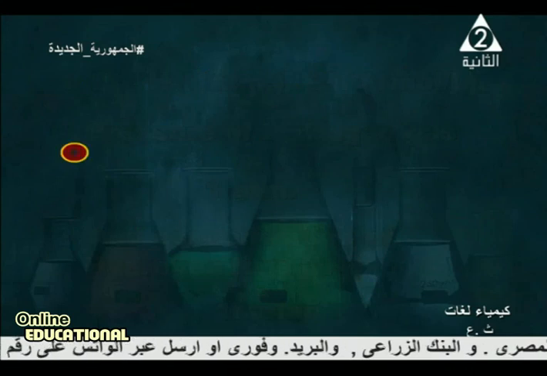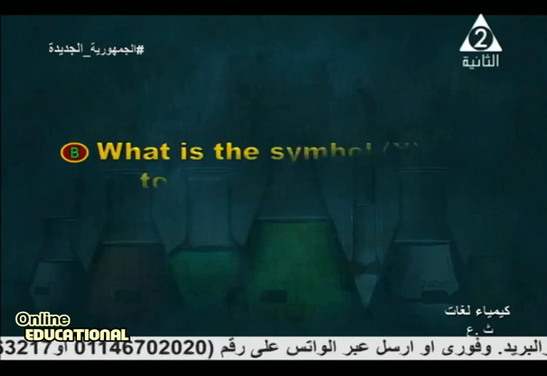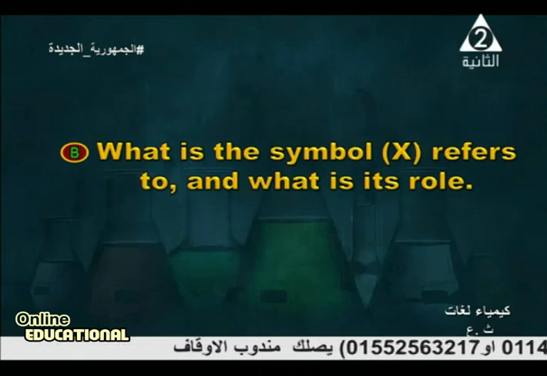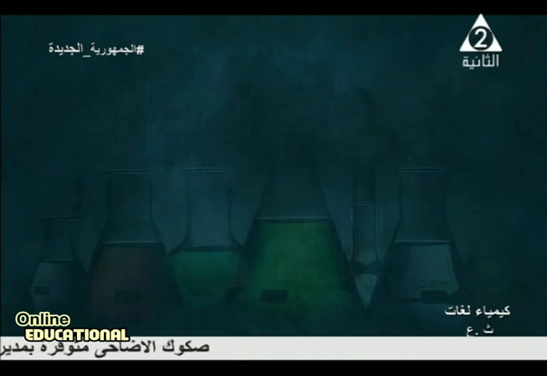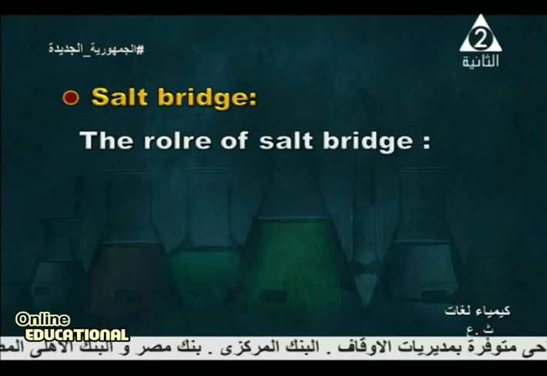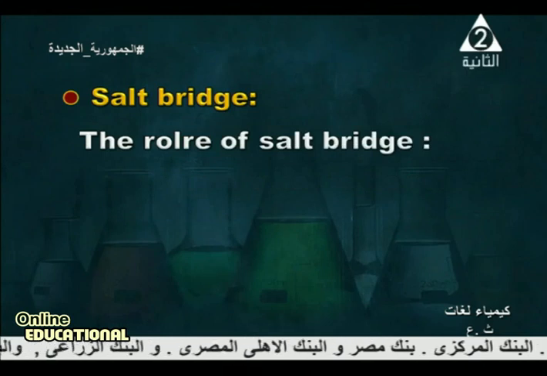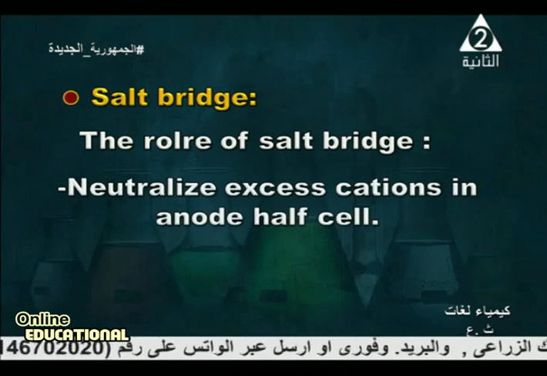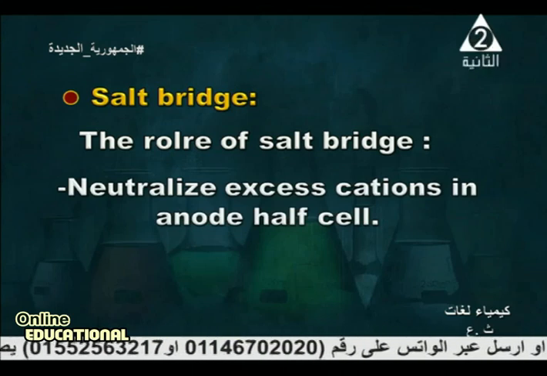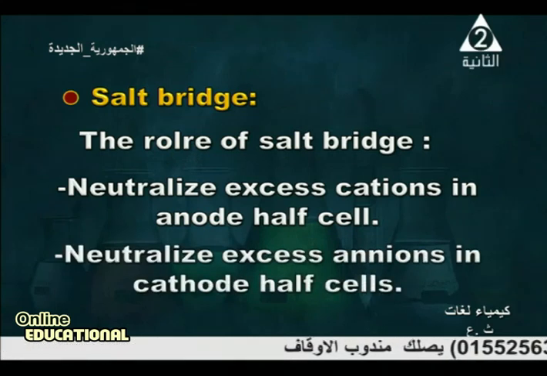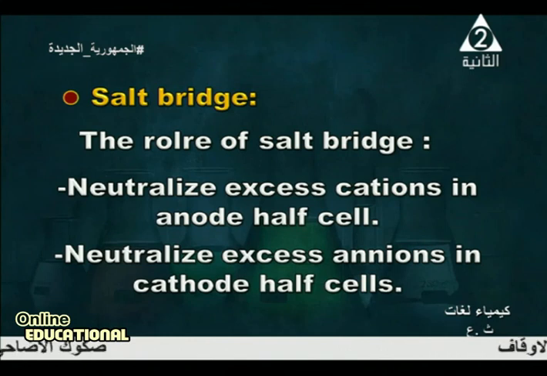My lover, when I give you this question, what does the symbol X refer to and what is its role? You see the symbol X in the figure: the salt bridge. The role of the salt bridge is to neutralize excess cations in the anode half cell and also to neutralize excess anions in the cathode half cell.